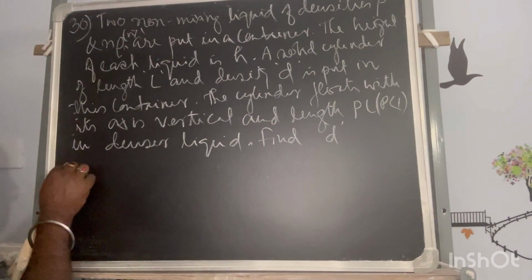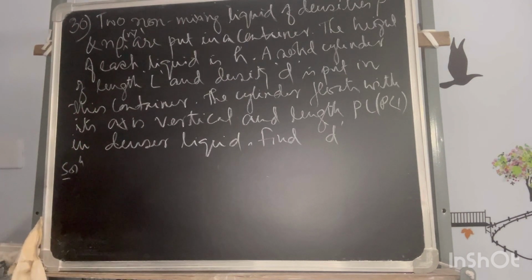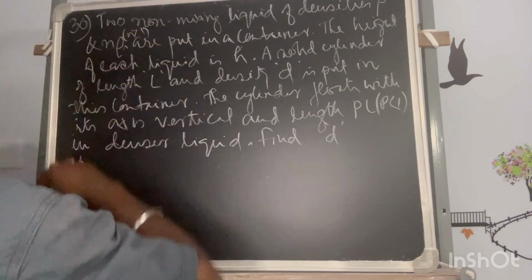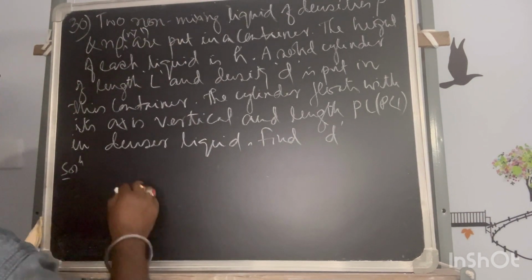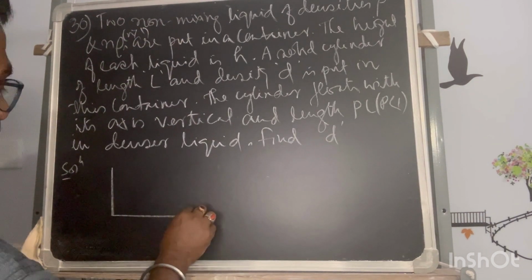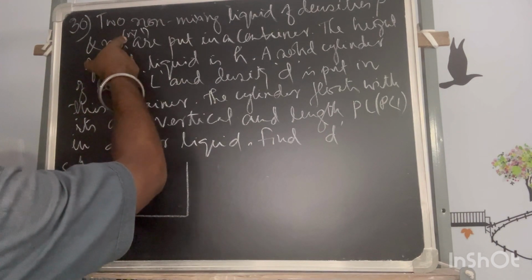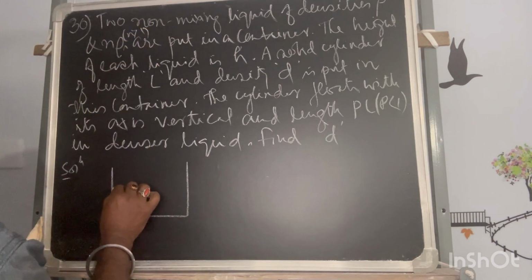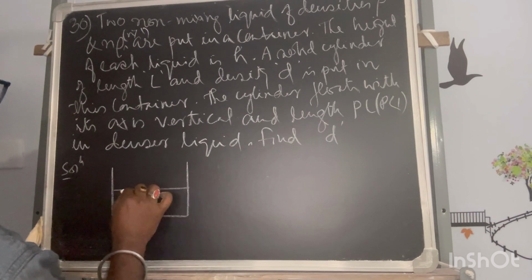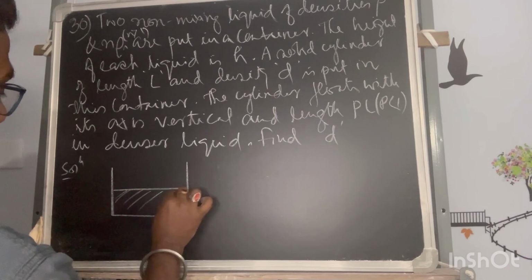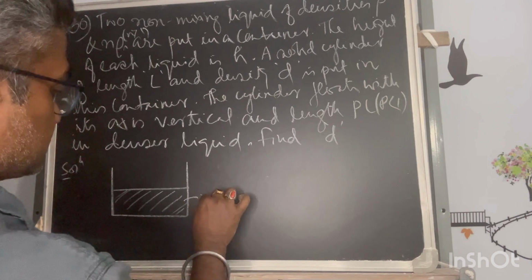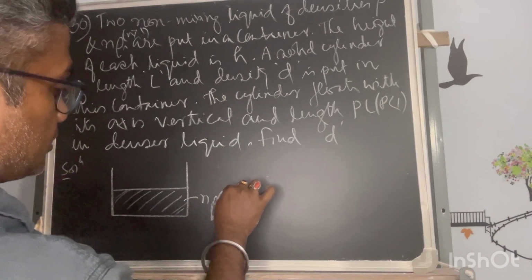So let me read it out again. The two non-mixing liquids of density rho and n rho, where n is greater than 1, are put in a container. So you can understand the latter density is higher because n, which is a multiple of rho, is more than 1. So that n rho liquid will be at the bottom.